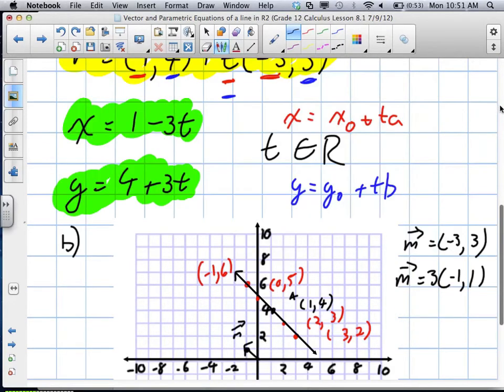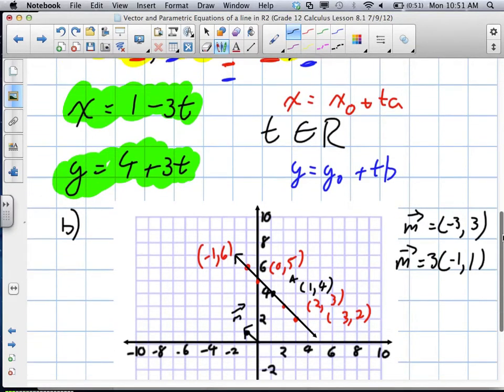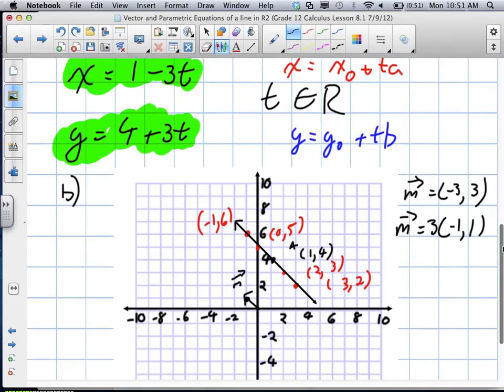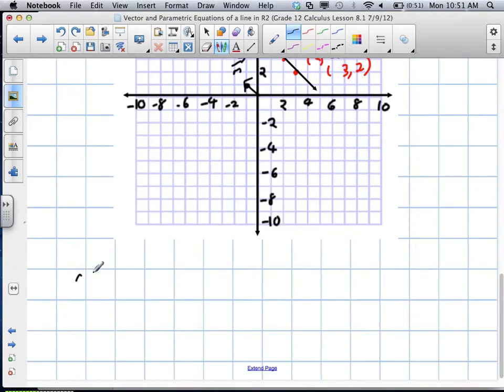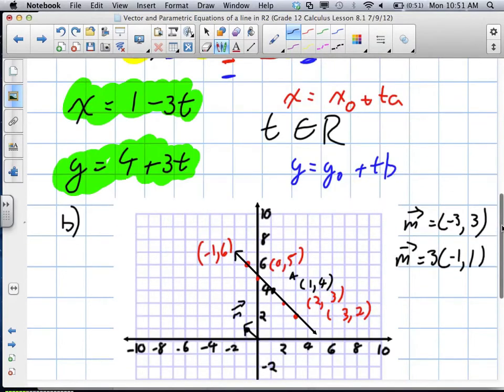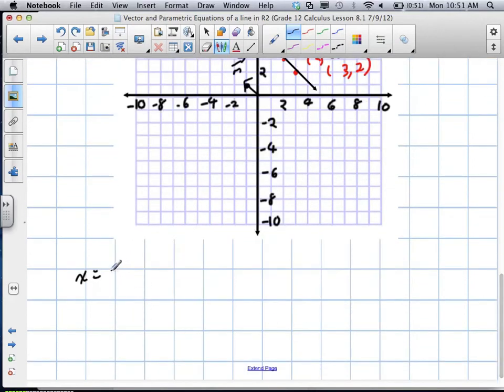Okay, let's jump back up. What's the equation? X was equal to, what did we just say it was? I lost it. 1 and -3. Okay. If our x value is 0, we can move over the 1, -3t.